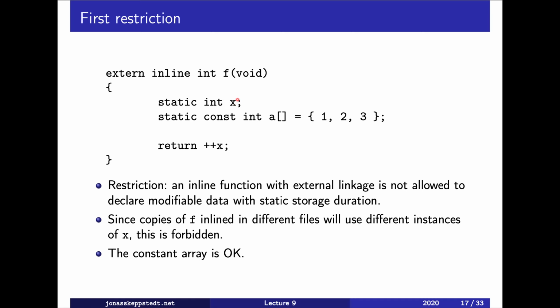And so the meaning of the program would not be the same. The array A also has static storage duration, but since it is the same everywhere, it doesn't matter. So that is fine to copy A.